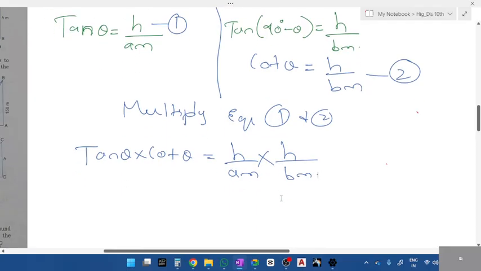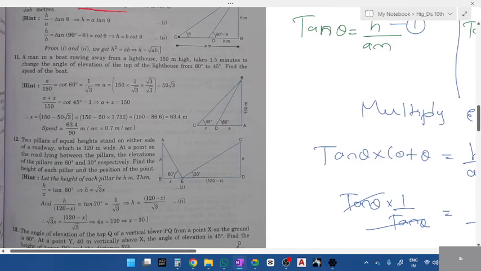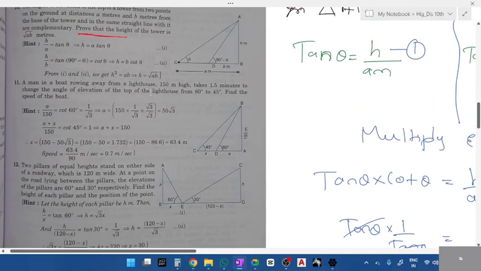Next, what is tan theta into cot theta? So they get cancelled. On the left hand side, you'll have 1. And right hand side, h into h is h square. What is AM into BM? Wait, what do we need to prove here? h is equal to square root of AB.